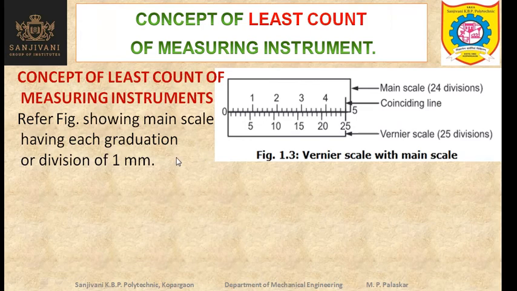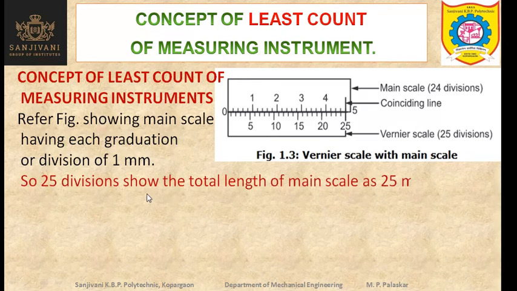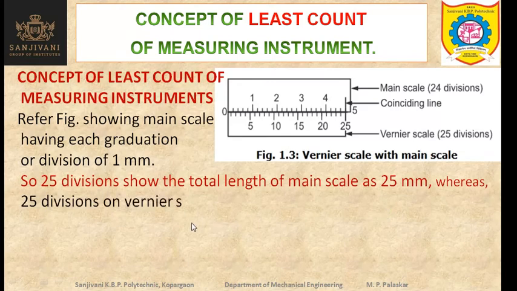The graduations along the main scale are 1 millimeter apart. So 25 divisions show a total length of main scale as 25 millimeter, whereas 25 divisions on the vernier scale measure only 24 millimeter.